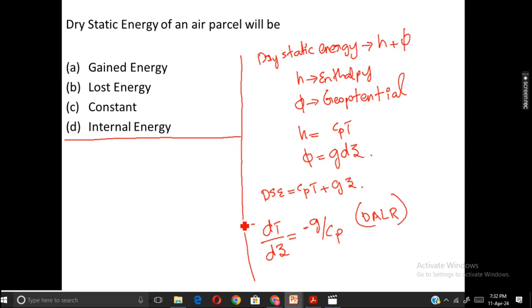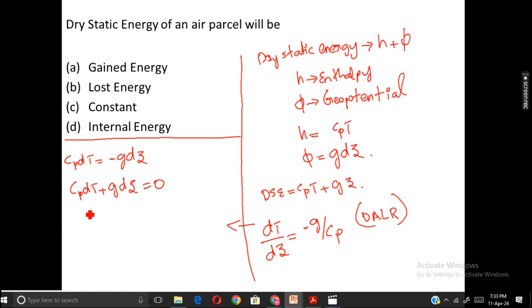Now we can write Cp dT is equal to minus g dz, or Cp dT plus g dz is equal to 0.